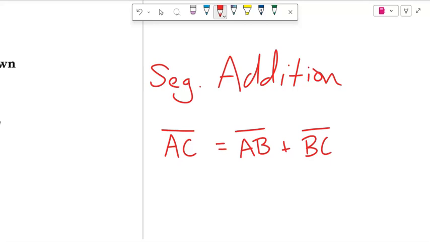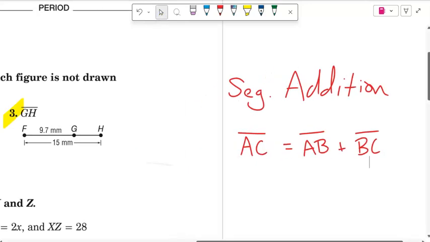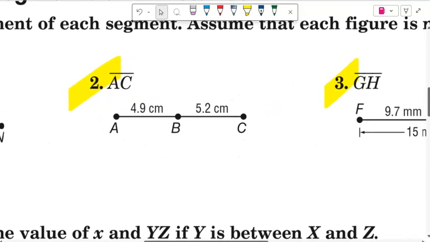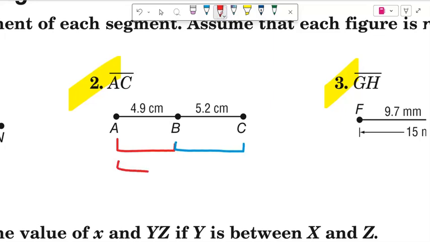So it's very intuitive to think about: the whole thing equals the part plus the part. So if I were to go back to this picture, the part of the segment AB plus the other part of the segment BC equals the whole thing. Okay. The segment addition postulate. We all tracking so far?